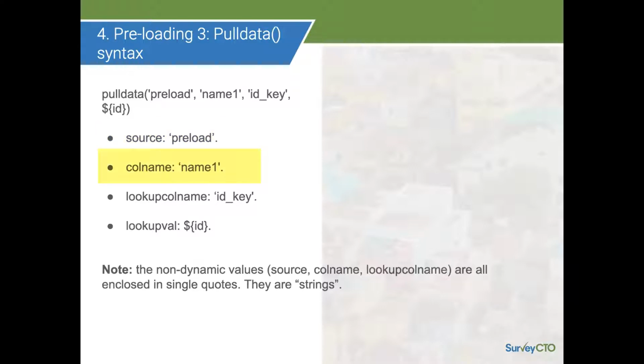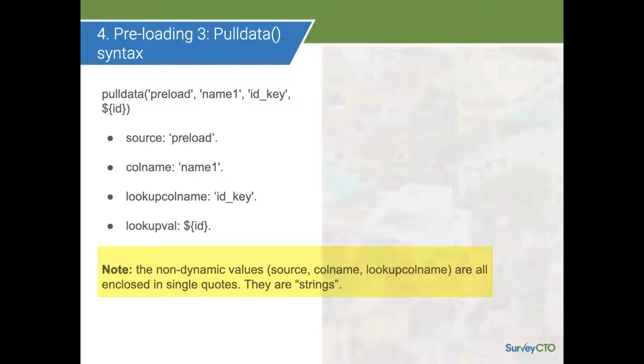The col name or column name is name1, where the first baseline member's name is stored inside the preload source. The lookup col name is named ID key, which is also located inside preload. And lastly, the lookup val or lookup value is returned dynamically from the ID field inside the form design.